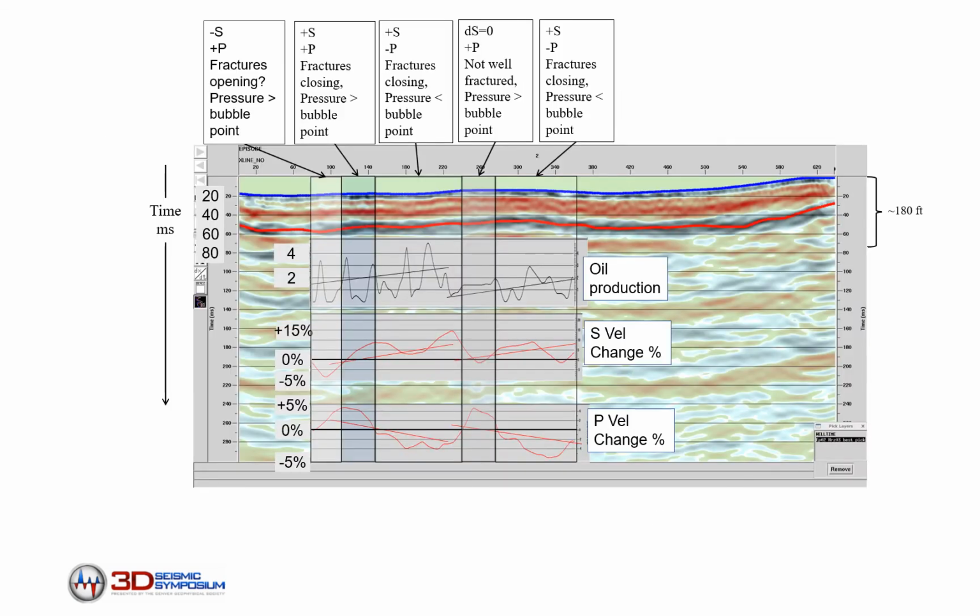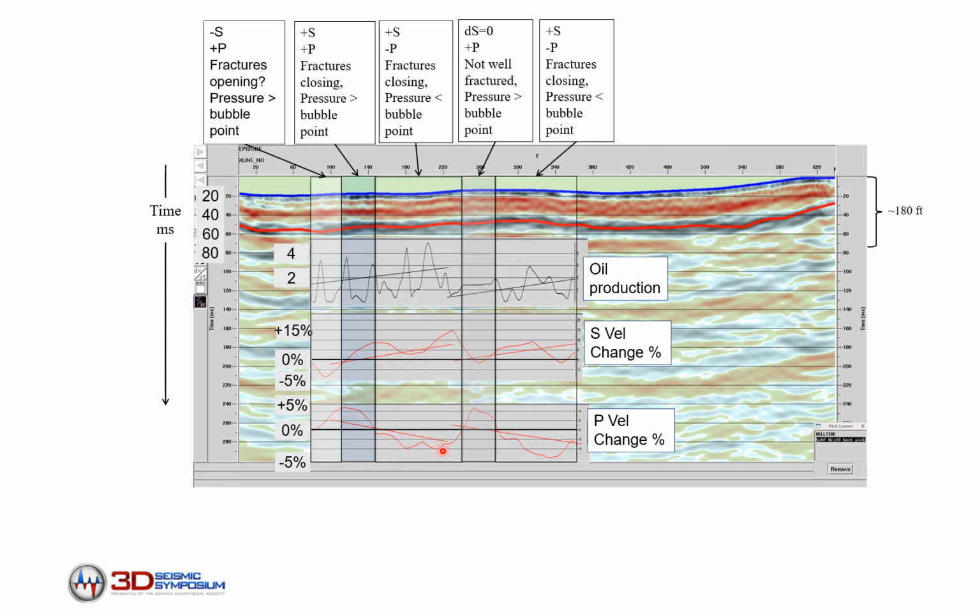This slide is a compilation of the S wave velocity changes and P wave velocity changes with the oil production. And these panels are each different regimes, if you will, that have similar properties of the P wave and S wave velocity. So let's look at a qualitative interpretation of what some of these are. In this panel, for example, our shear wave velocity has increased from the baseline.